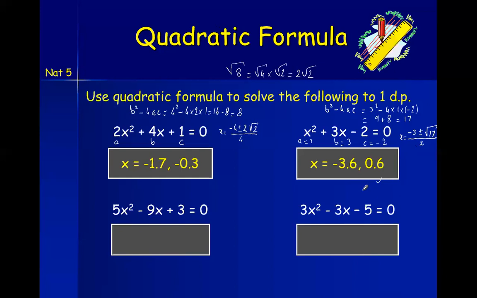And if I change the plus to a minus sign, I should get minus 3.56, which is 3.6. So that's how you would do them. You would identify your a, your b correctly, and your c, and you would calculate the discriminant first.